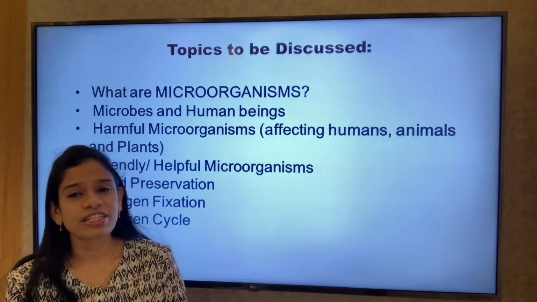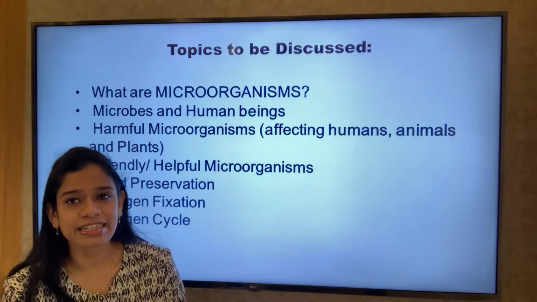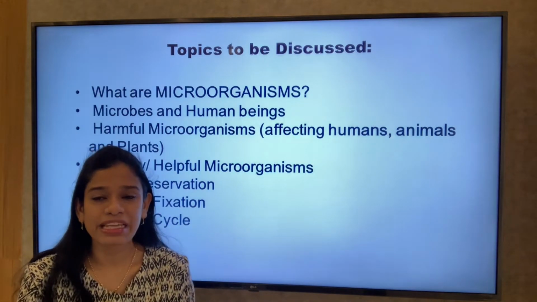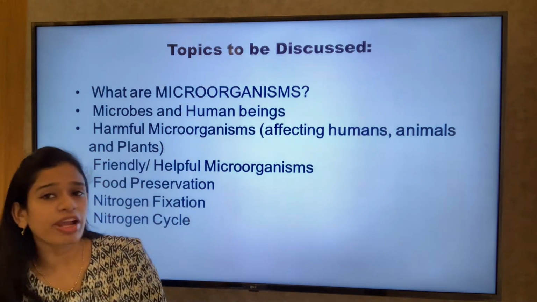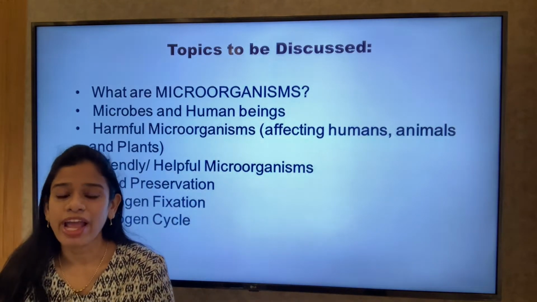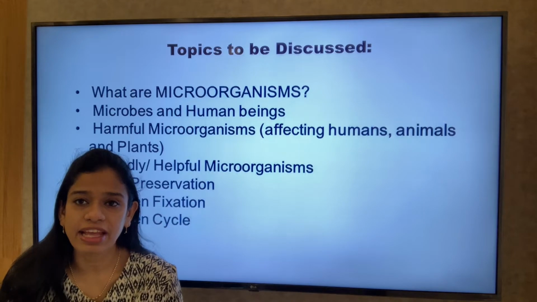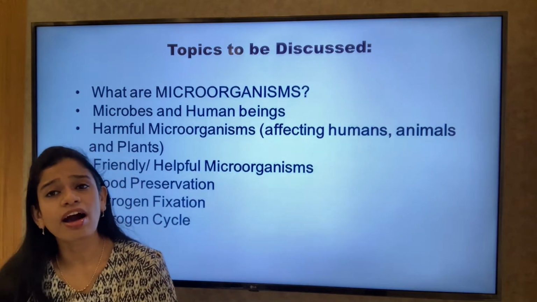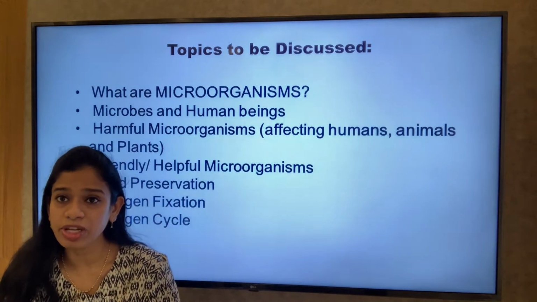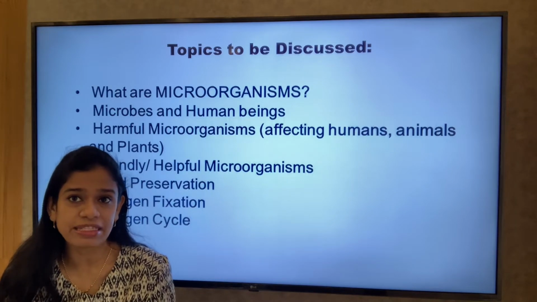So in today's chapter, we are going to discuss from the basic subheadings: what are microorganisms, the microbes and human beings, their relationships, the harmful organisms, because I mentioned they are foe, that is, enemies are there.